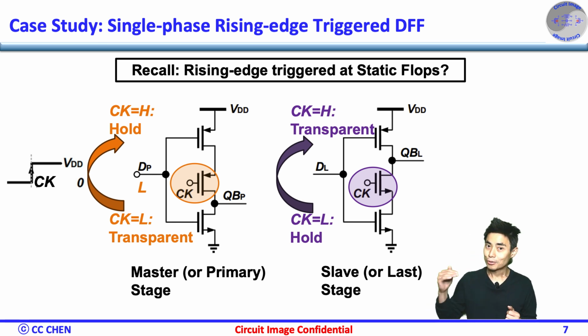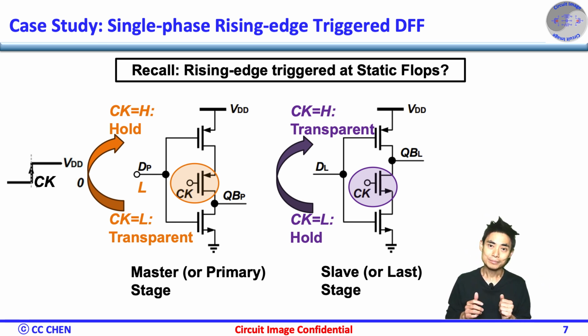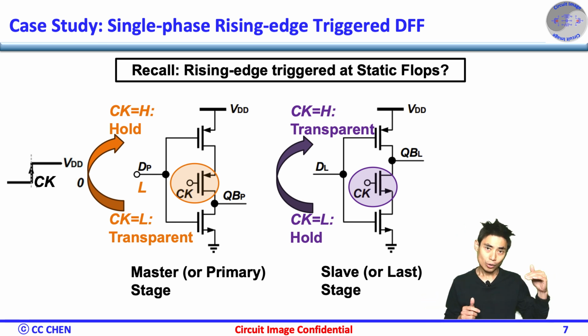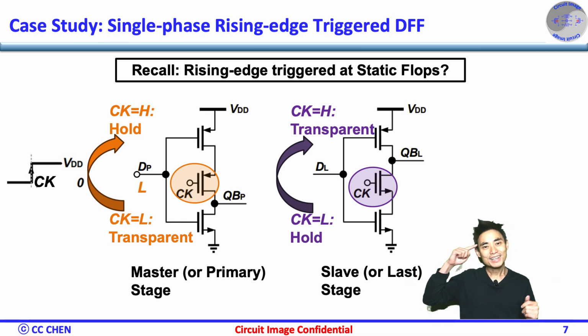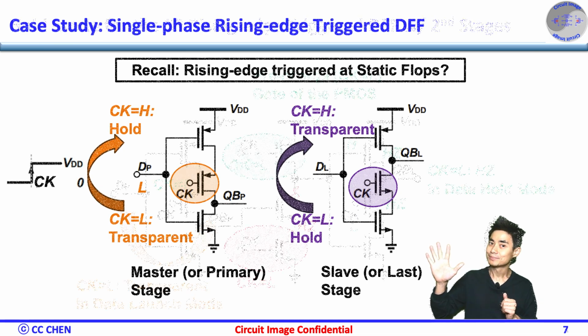The master stage is holding the previous data, while the last stage is transparent with the previously launched data to the output Q bar directly. So the first stage is the sampling, and the last stage is the holding mode. But how do we make sure the output can hold the data not only when the CK is low? Think about the high Z of the PMOS at the last stage for 5 seconds.